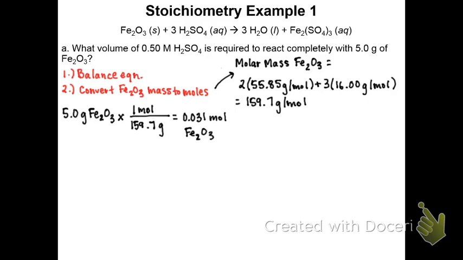So that means that we are starting with 0.031 moles of iron 3 oxide. And so now the next step is to use the stoichiometric ratio to determine the number of moles of sulfuric acid needed to react with all of the iron oxide.